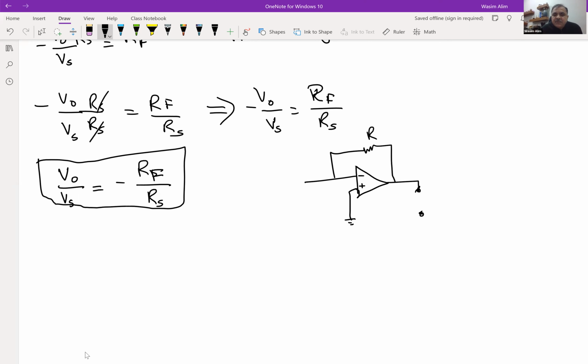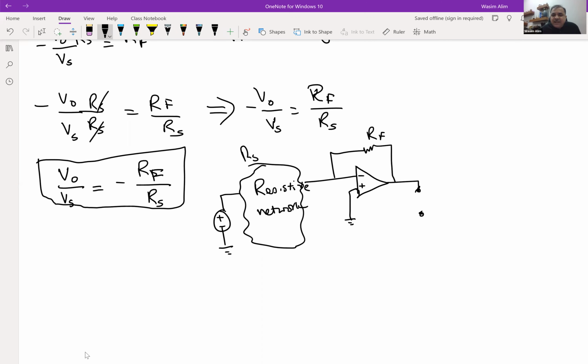There is a feedback resistor, and there is some resistive network connected to the input. It's not going to be a very straightforward problem where we'll have some resistive network representing R sub S. So this is going to be R sub S, and there may be some resistor network in the feedback side also. It's just a single resistor here, but you could have a certain linear circuit on the top. So you have to resolve this and bring it to the simple form, which is this.